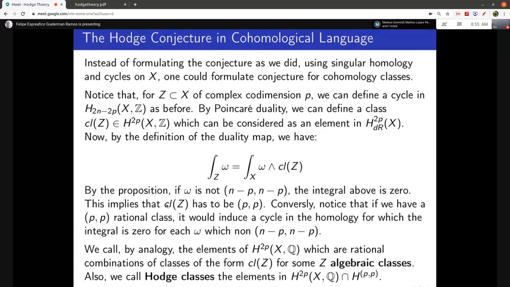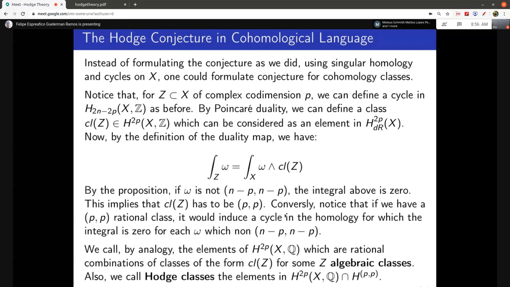This implies that this class has to be (p,p), because if it's not, we would have some dz_j's and a form which is not (n-p,n-p) that would complete this one, and then we would get a non-zero integral, which would contradict the proposition.